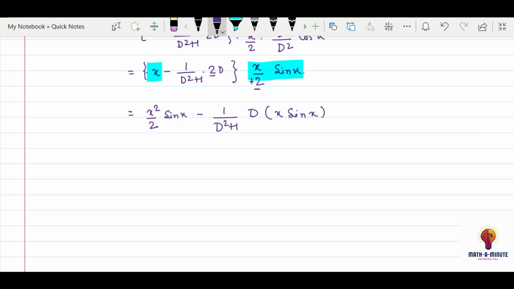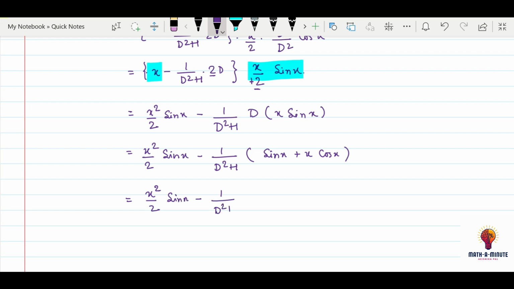It's a u into v function, so the derivative of this function will be sin x plus x cos x. Now we can write x square by 2 sin x minus 1 by D square plus 1 sin x minus 1 by D square plus 1 x cos x.